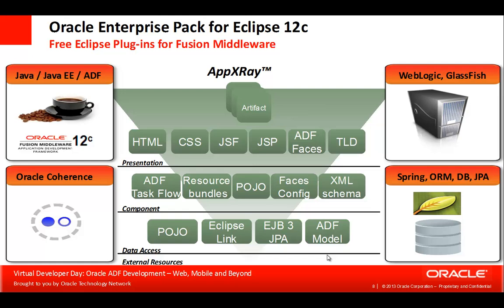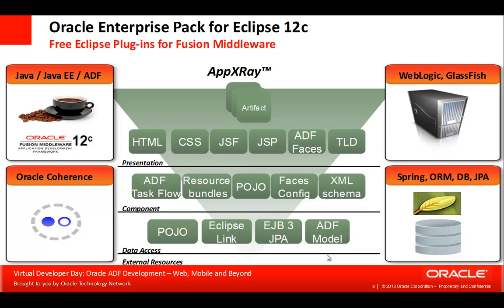So here we see AppXRay, and as I said before, AppXRay allows us to do relationship modeling inside of Eclipse, or inside of OEPE. And what this really does is we can see some of the different sources that we're able to take from, obviously from the Java stack within Fusion Middleware, whether it is standard Java, Java EE, or even an ADF application.